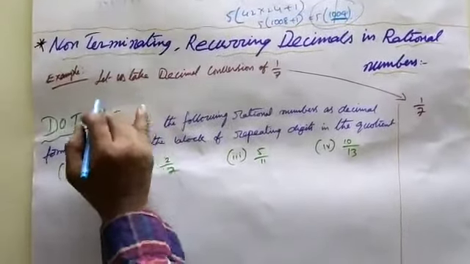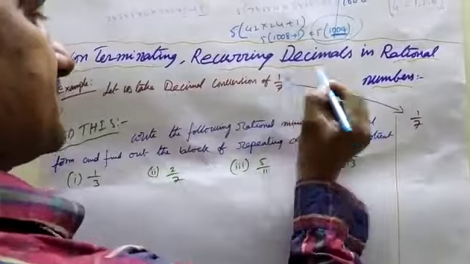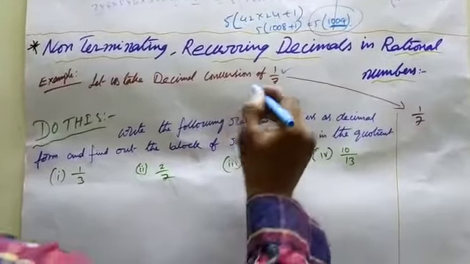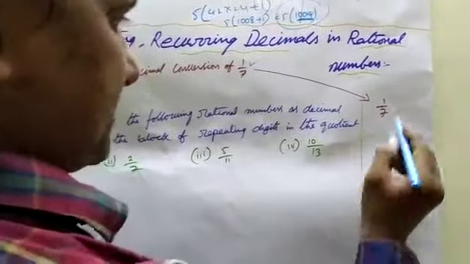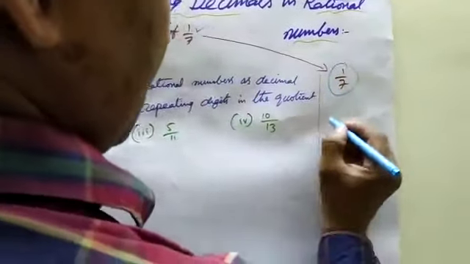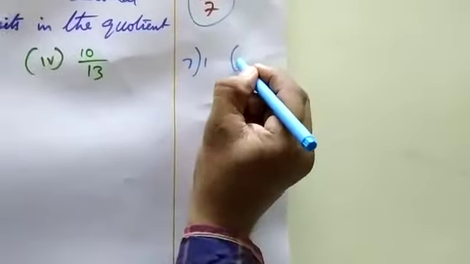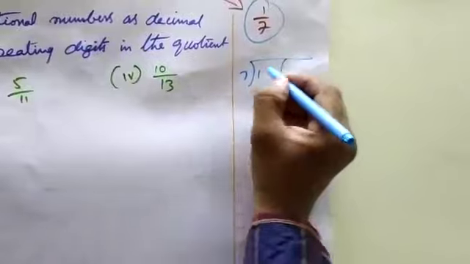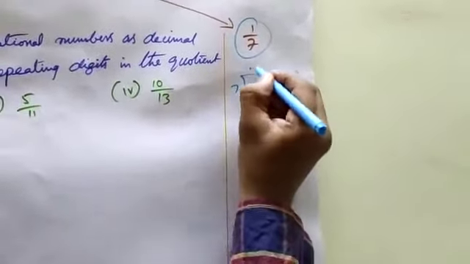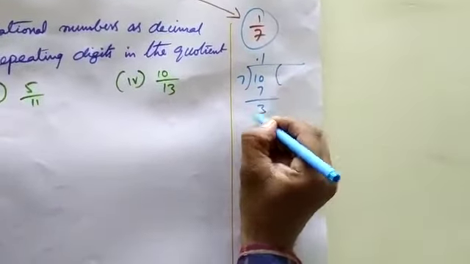See, for example, let us take 1 by 7. This is a fraction form. This is a rational number. Divide 1 by 7: 0, then 7 ones are 7, remainder 3.